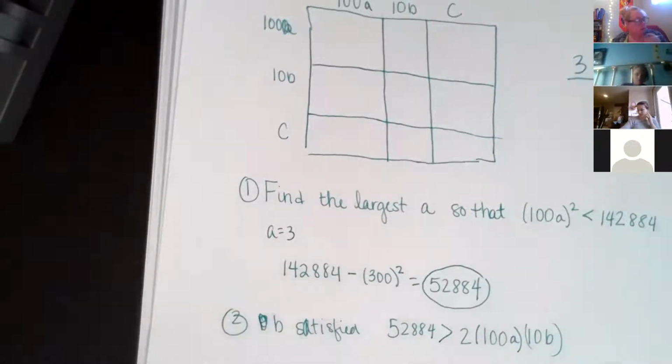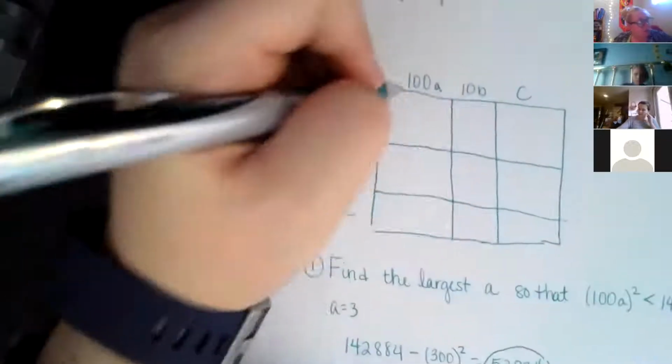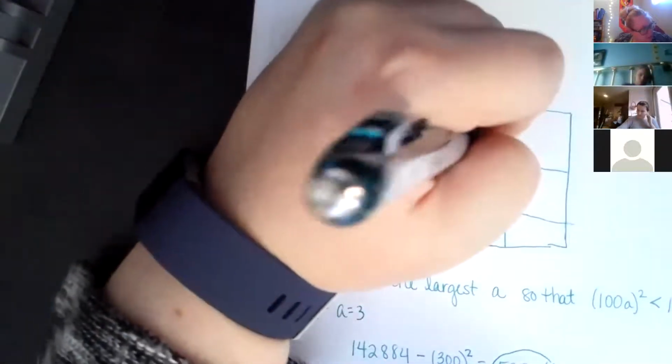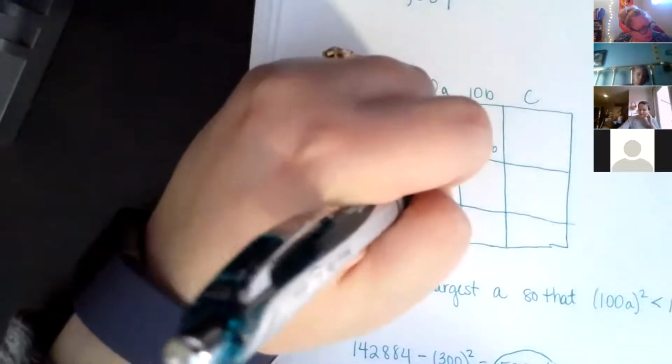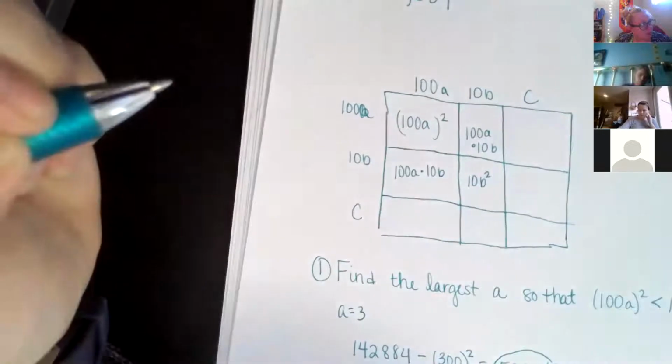Right. Because in our square, this is going to be 100A squared. This is 100A times 10B, 100A times 10B, and this is 10B squared. Oh, quantity squared.